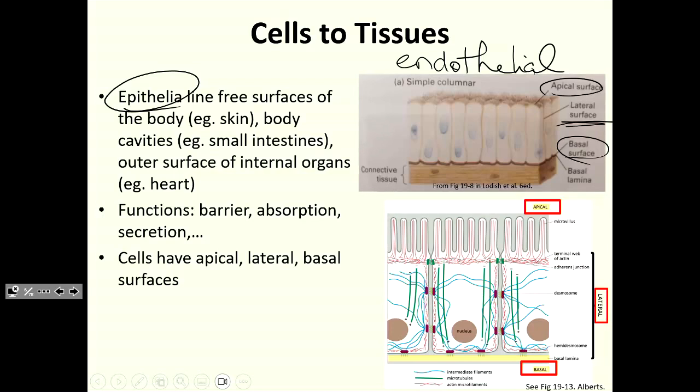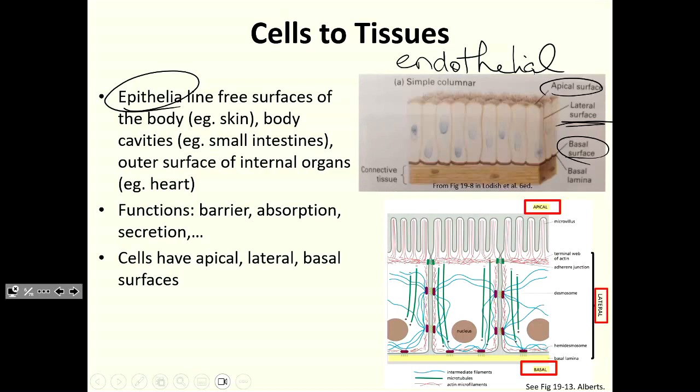Those terms are important because if a question specifies apical surface, that should direct your mind to certain types of things, because only certain types of proteins are going to be found on the apical surface. Different ones are going to be found on the basal surface, and we'll talk more about that.